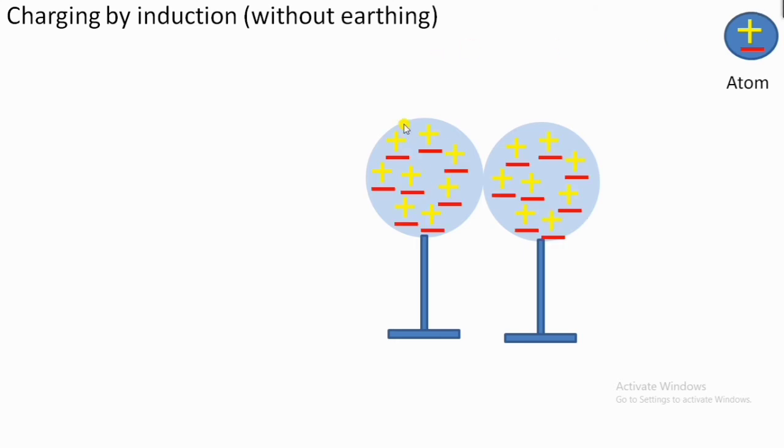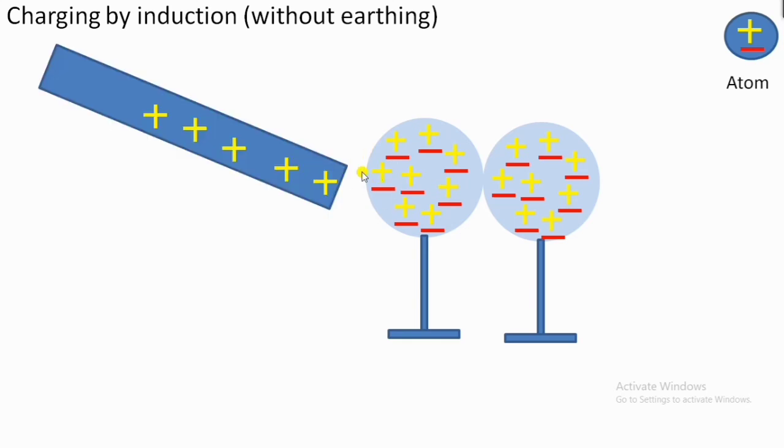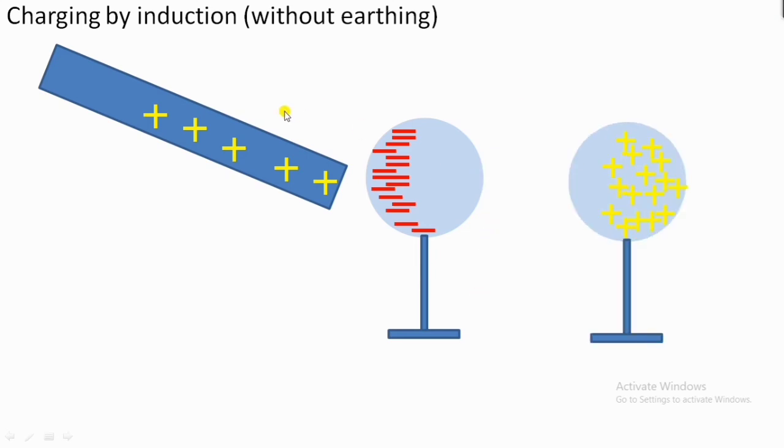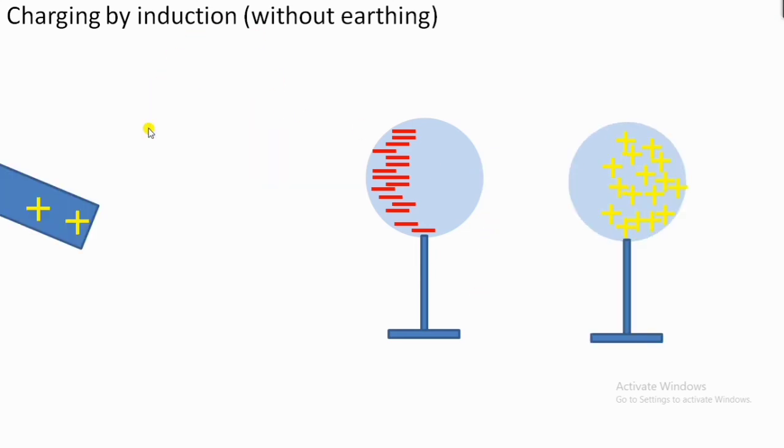So they consist of an equal number of positive and negative charges, and we bring a charged rod. The positive charge attracts negative charge and repels positive charge, so negative charge comes towards this side and positive charge moves towards this side. And now we separate this, and now we take away the rod.